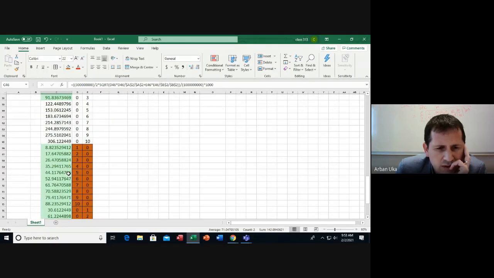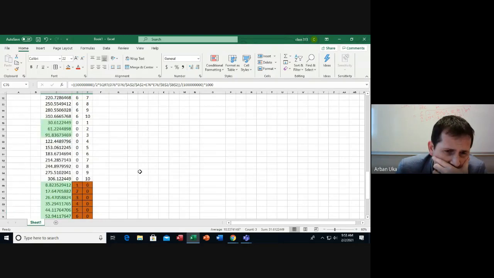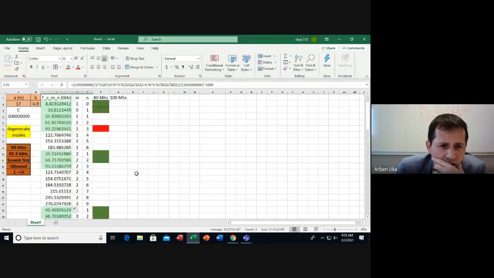So we have 34. A pair of these, this one and this one were on the top, so we get 32. We might have counted something wrong or something twice, but I don't think so. We have like 32 modes of this 100 megahertz which can propagate.